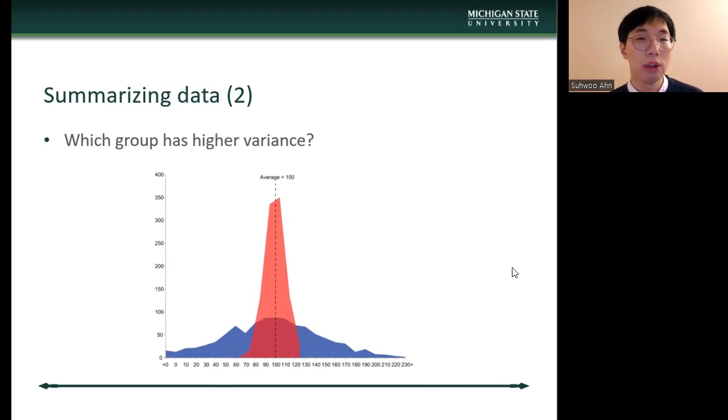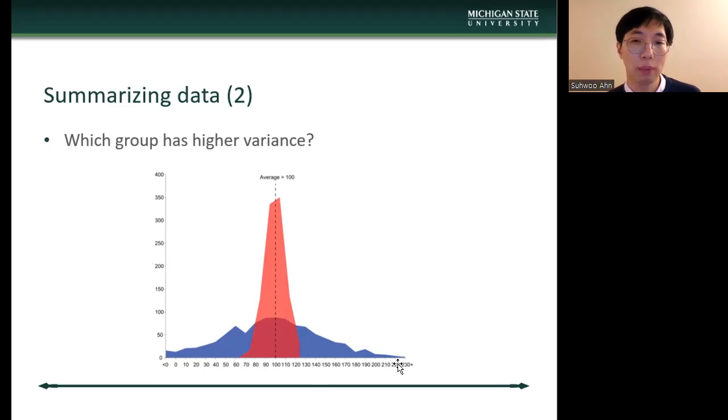So in the exam, you will be provided with these kinds of graphs and think about which group has high values or not. So in the blue group, the values are widely dispersed, starting from 0, 50, 100, 150, even 200 or 220.